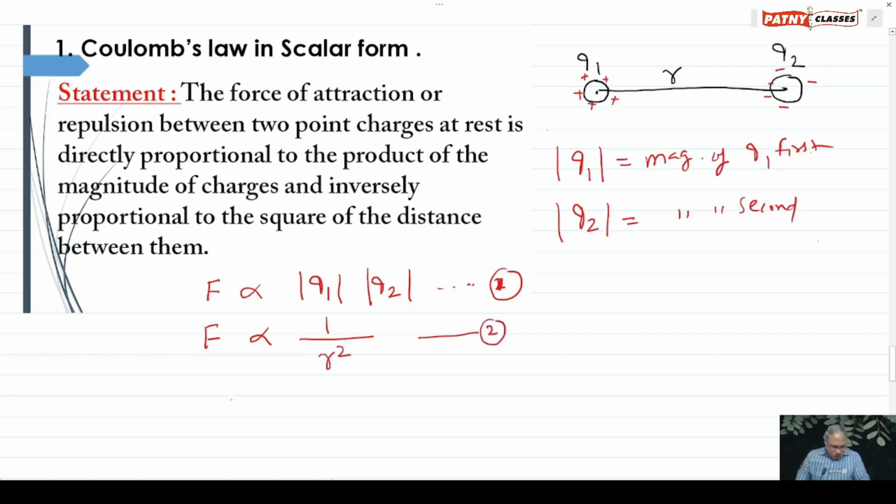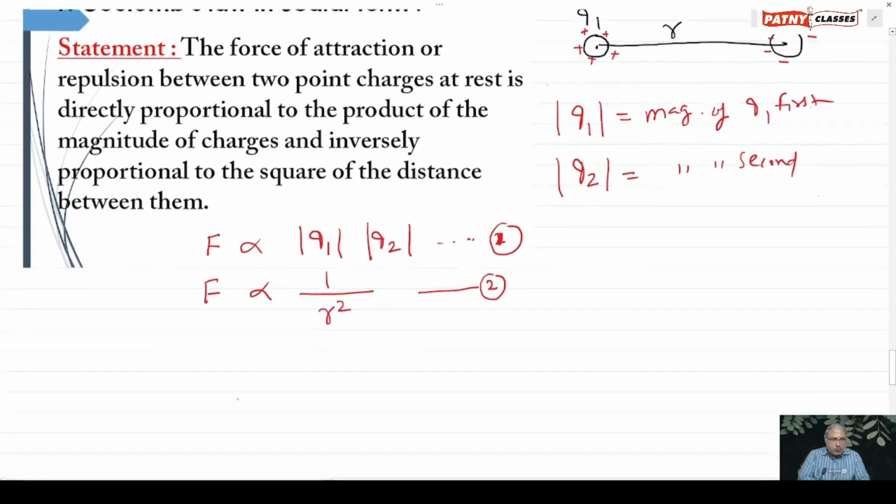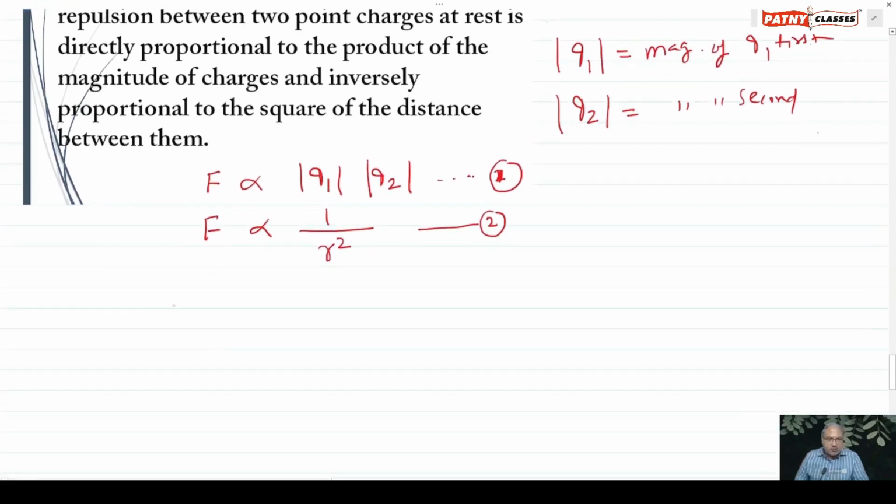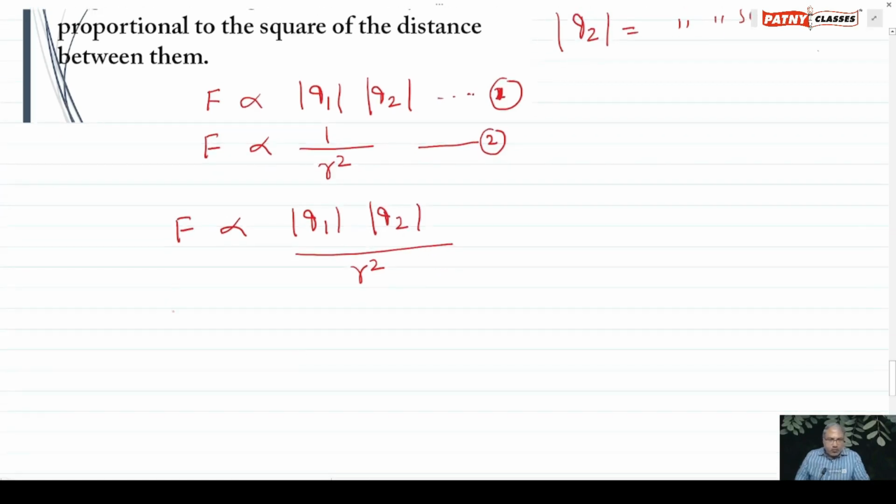Now you combine both the equations. So F is proportional to the product of magnitude of first charge and magnitude of second charge divided by r square. Now to remove the proportionality sign, you remove the constant of proportionality and write down over there k.